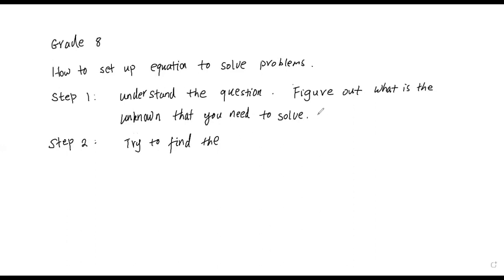Okay. So in the first step, you figure out what is the unknown that you need to solve and set the unknown as x. Then the second step is now you can treat the unknown x as if you know what it is.